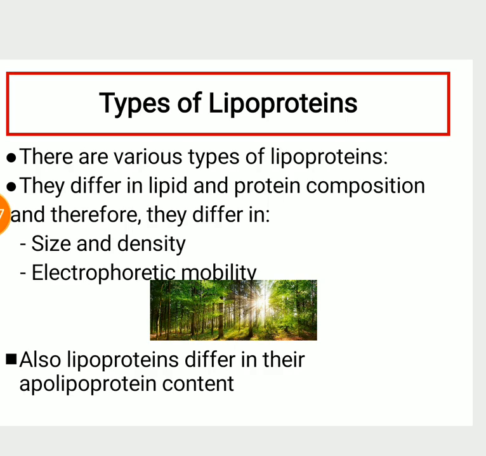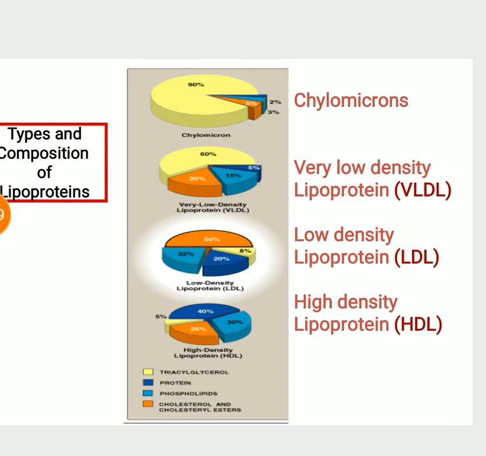So now we are going to see the types of lipoproteins, and lipoproteins are grouped depending on size and density, then electrophoretic mobility. Let us go to size. Chylomicrons have the largest diameter but the lowest density.